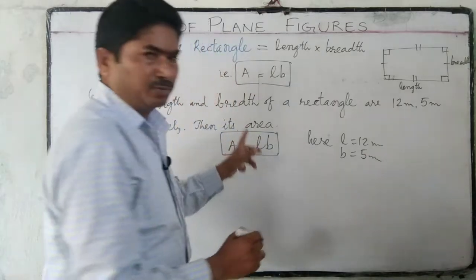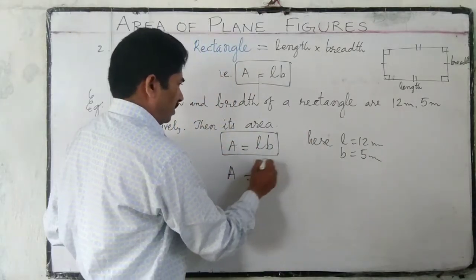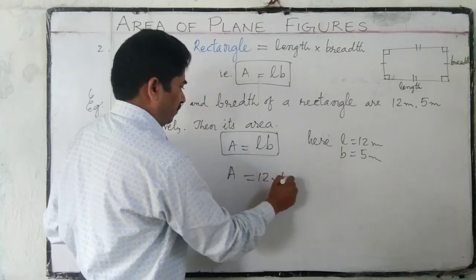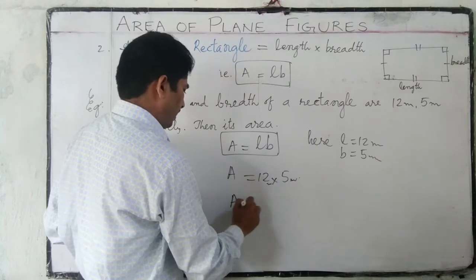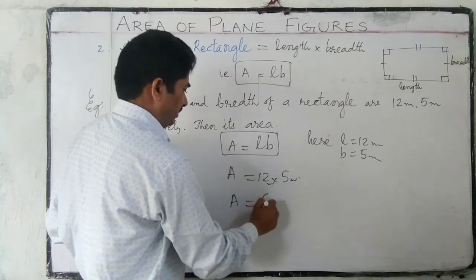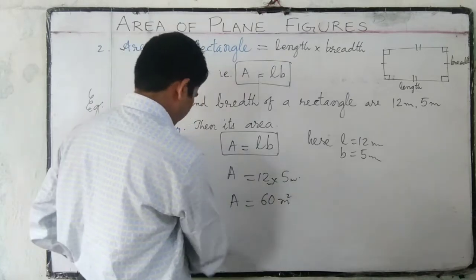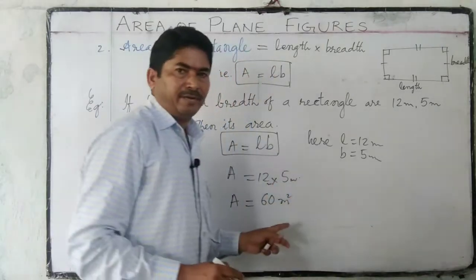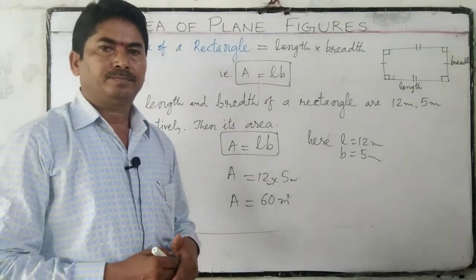So we have to substitute these values in this formula. 12 into 5, 12 meters, 5 meters. Area A is equal to 12 fives are 60 square meters or meter square. So this is the method of finding area of a rectangle.